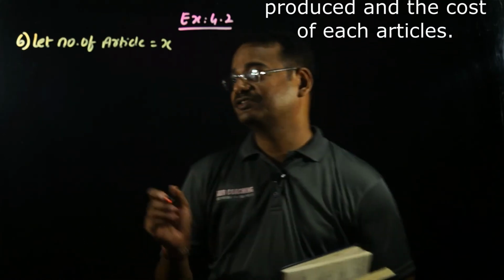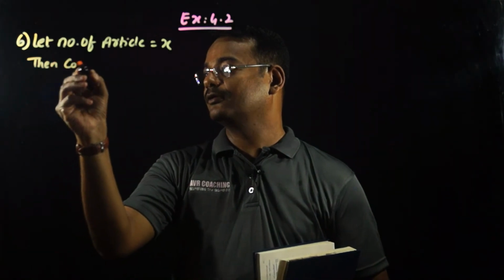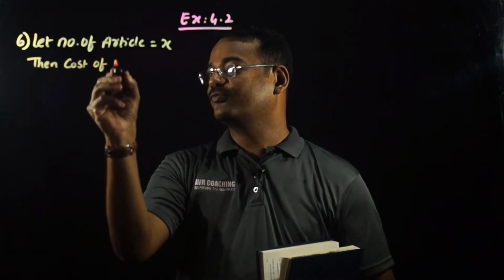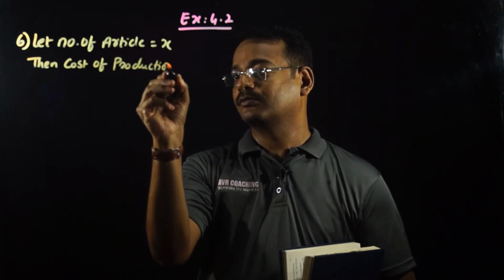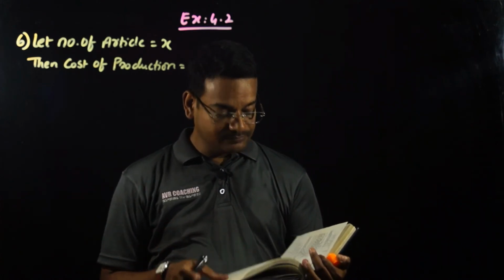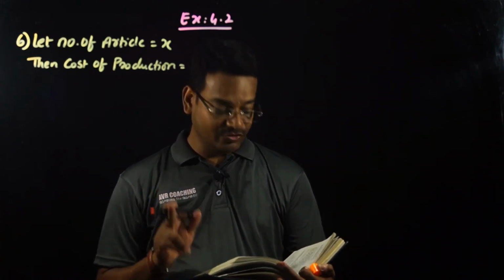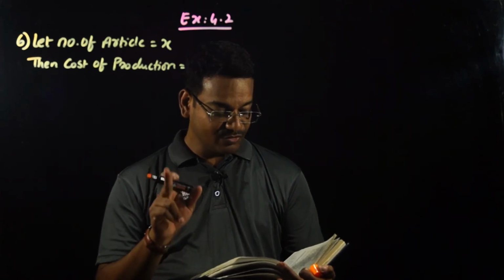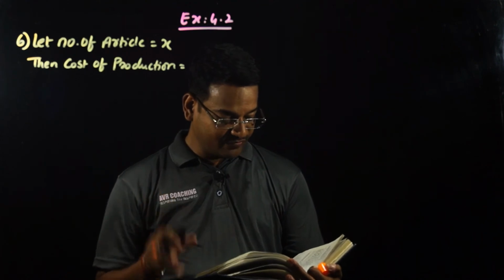Then what will be the cost of production? As per the condition, on a particular day the cost of production of each article was 3 more than twice the number of articles.